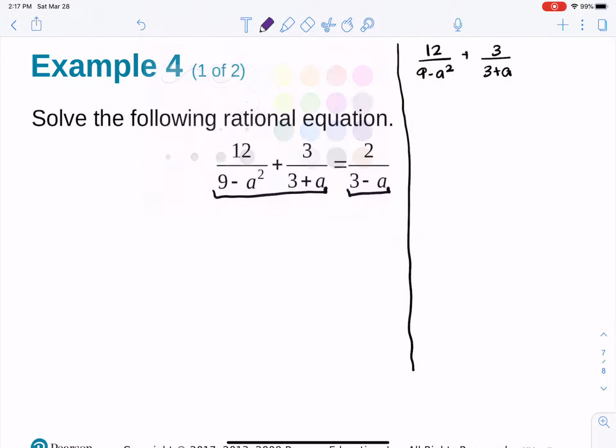So if we recall the identity, a squared minus b squared, perhaps I should use different letters here. x squared minus y squared is x plus y times x minus y. So in the first denominator, I see 9 minus a squared.